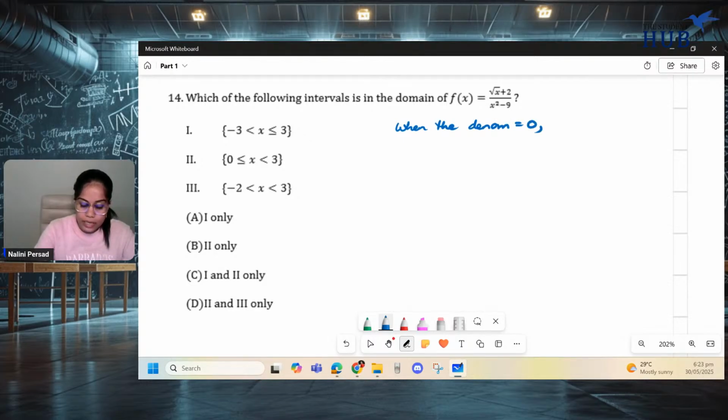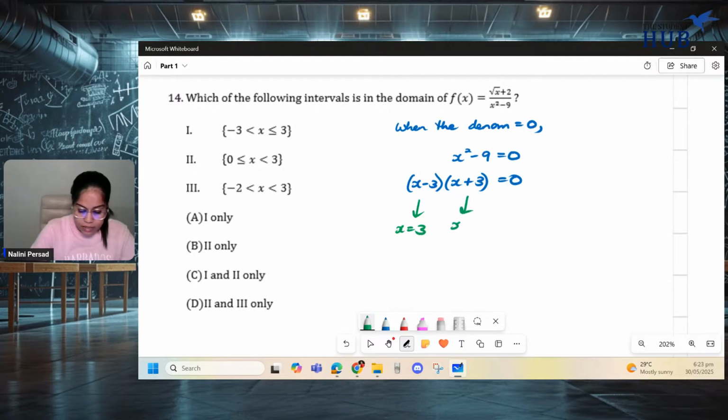So when x squared minus 9 is equal to 0, we recognize a difference of 2 squares, x minus 3 by x plus 3. So that will be when x equals 3 and when x equals negative 3. The function is discontinuous at these two values. So this here is including 3. I cannot choose it.